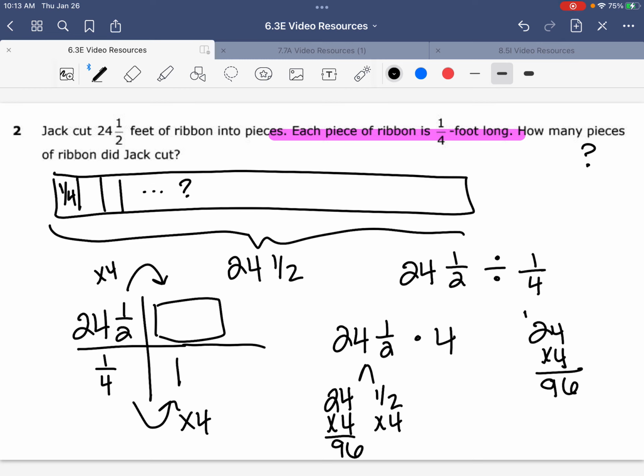And then 1/2 times 4 just gives me 2. So I combine them to get 98. So when I multiplied 24.5 times 4 right here, I get 98, which means it has been cut into 98 pieces of ribbon.